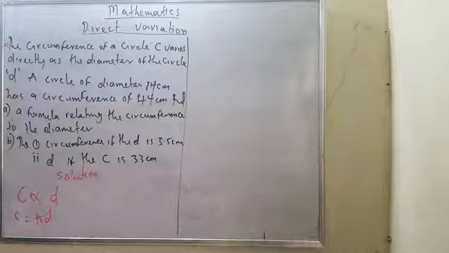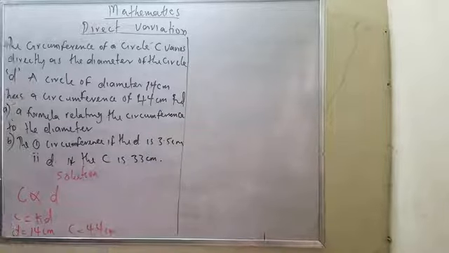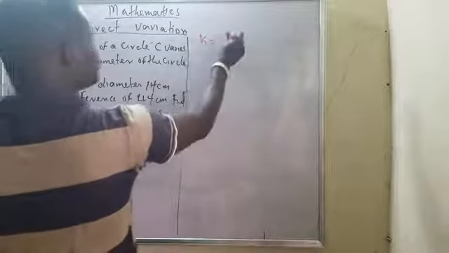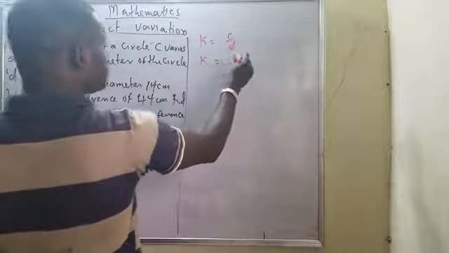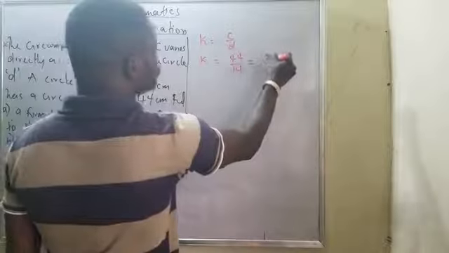Since I know that, a circle of diameter 14 centimeter has a circumference of 44 centimeter. By so doing, I can say that my K equals C over D. It means K equals 44 divided by 14, which implies 22 over 7.